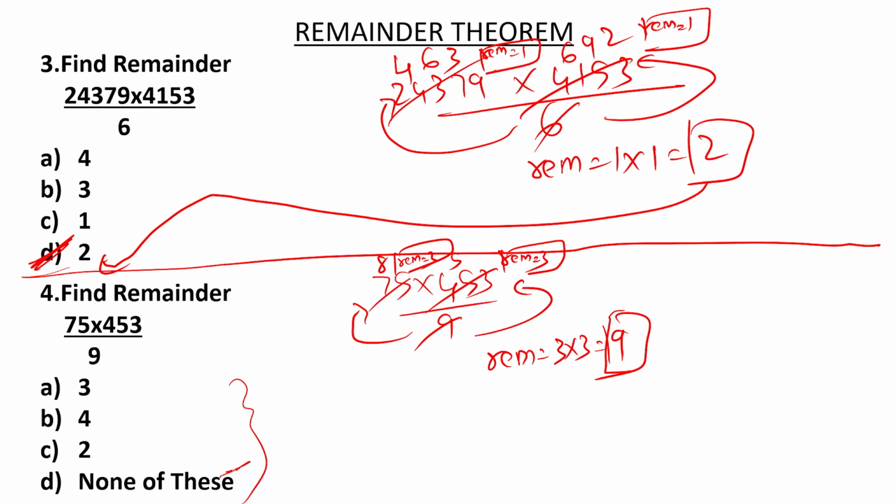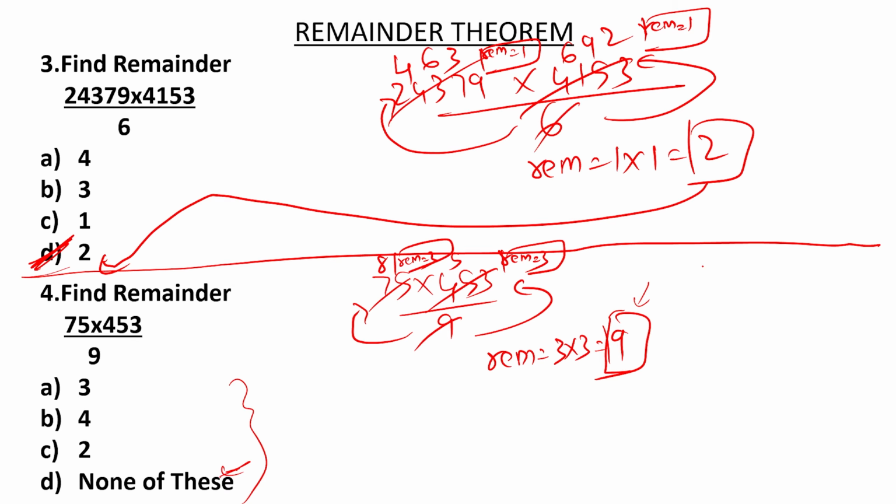Is it none of these? No, it is not none of these. But it is not the end of the problem because we need to continue. You need to remember the dividend.